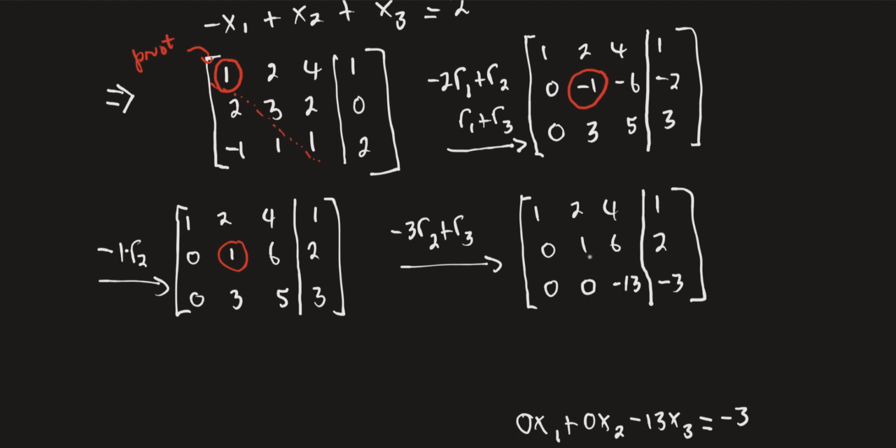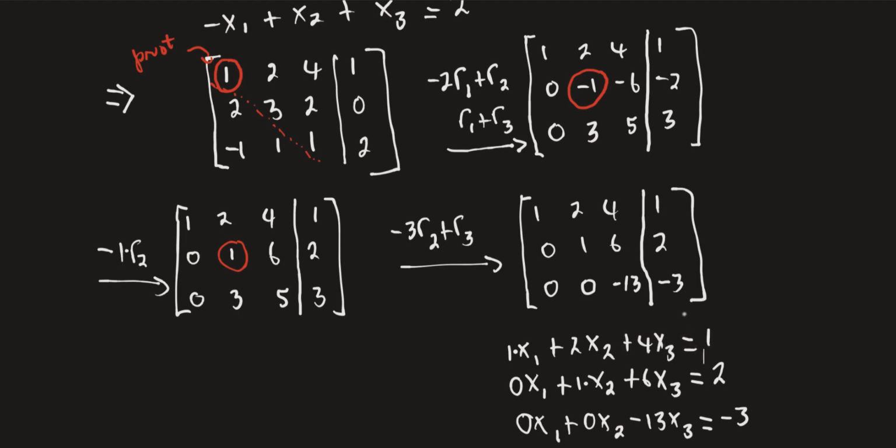The second row in my augmented matrix is telling me that 0 times x1 plus 1 times x2 plus 6 times x3 is equal to 2. And then the first row in the augmented matrix tells me that 1 times x1 plus 2 times x2 plus 4 times x3 is equal to 1.